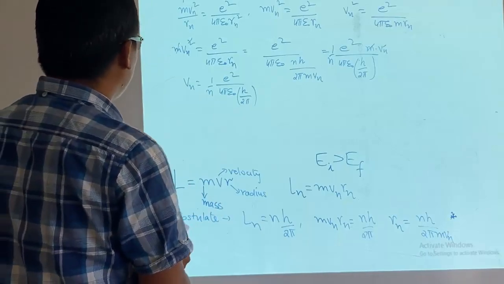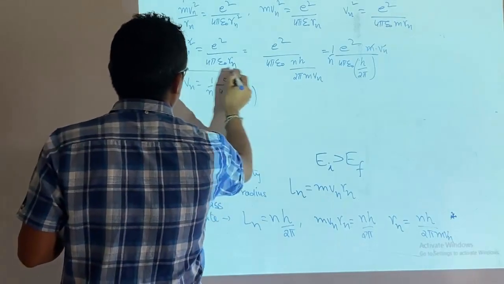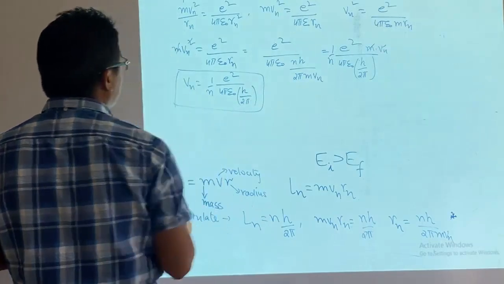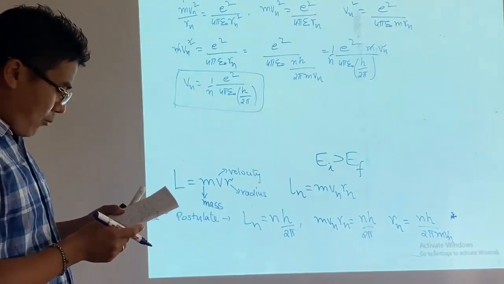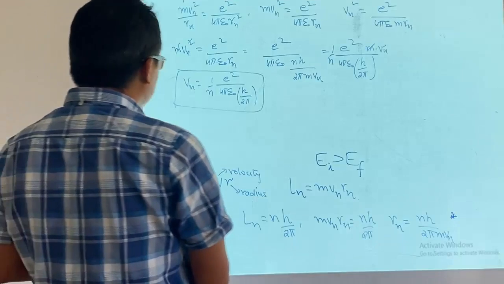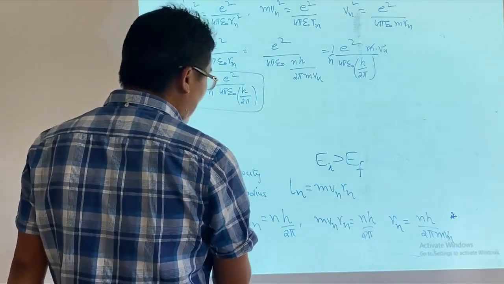So this is the value of Vn. Now I'm going to take the value of Rn.